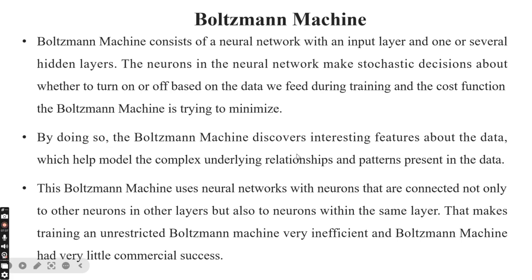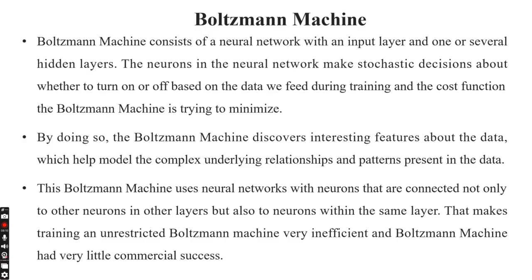By doing so, the Boltzmann machine discovers interesting features about the data, which helps model the complex relationship between the data and patterns present in the data. This Boltzmann machine uses a neural network with neurons that are connected not only to neurons in the other layer, but also to neurons within the same layer. That makes the training of an unrestricted Boltzmann machine very inefficient, and the Boltzmann machine has had very little commercial success.